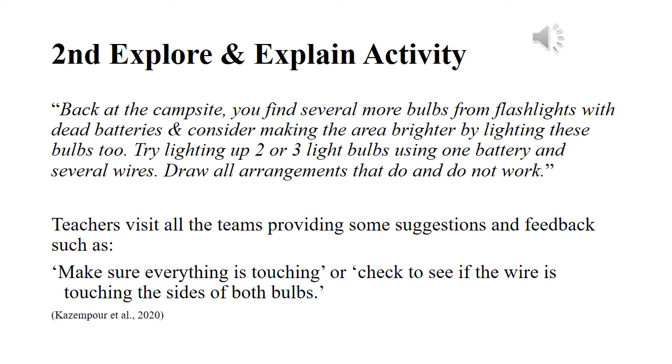Teachers also ask questions using vocabulary and concepts that students learned in the previous experiment. Now, teachers visit all the teams and provide suggestions and feedback, such as make sure everything is touching or check to see if the wire is touching the sides of both bulbs.